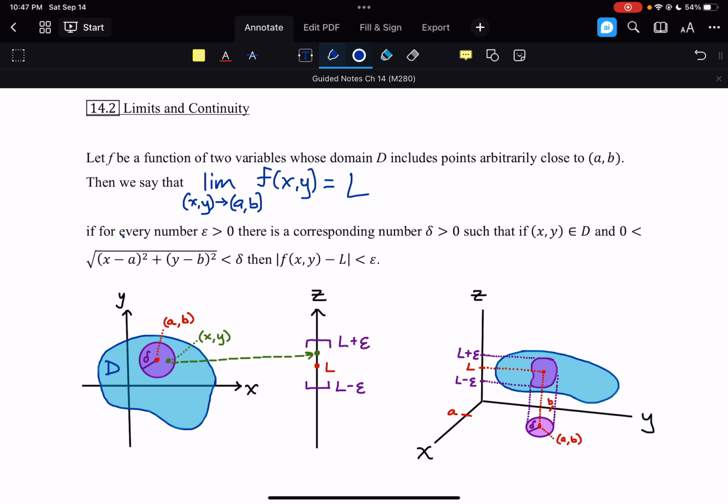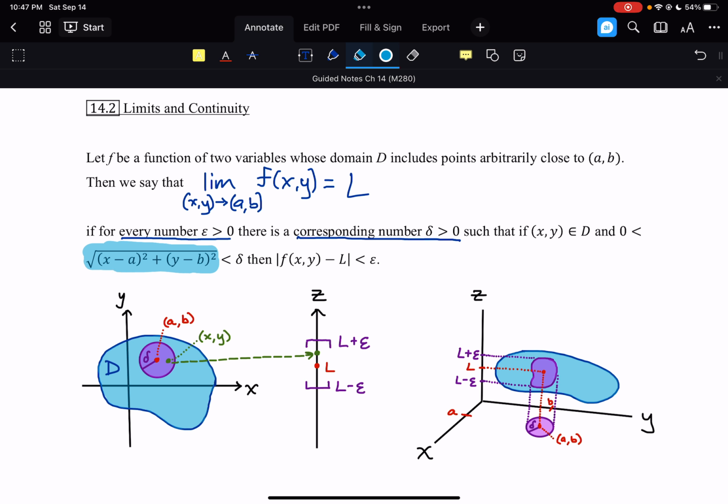So for every number epsilon greater than 0, there is a corresponding number delta greater than 0. So no matter what epsilon is, whatever number it gives us, there needs to be a delta that goes with that value. The relationship is what's described down here. So this expression right here should look hopefully vaguely familiar, because this is basically a version of the distance formula.